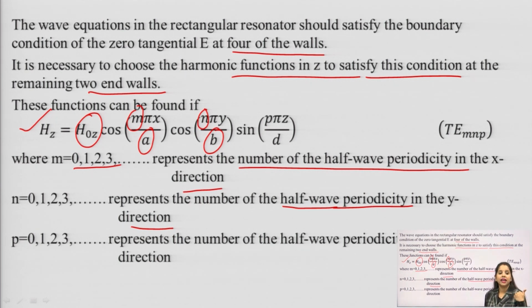And in the case of a rectangular waveguide, what is the difference? In a rectangular waveguide, the Z direction is infinite, and we assume that the wave is propagating in that direction, and in that direction we use e to the power plus or minus gamma z.